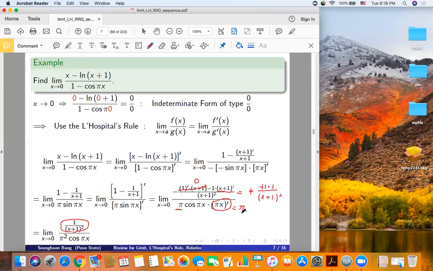Pi times pi is pi squared, so we have pi squared cosine pi x.